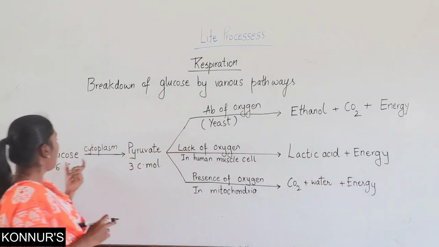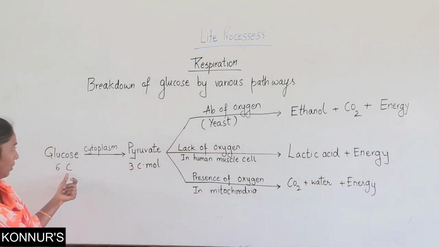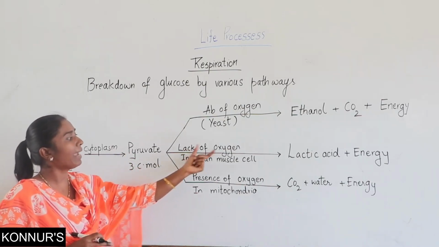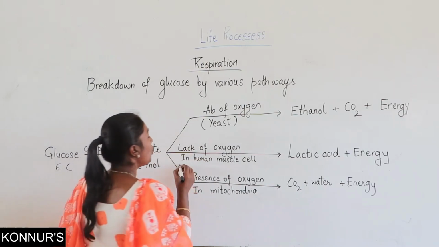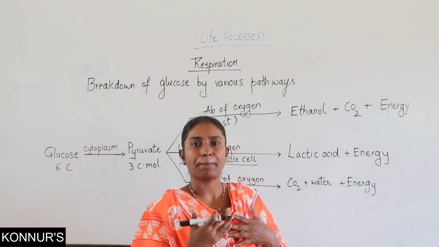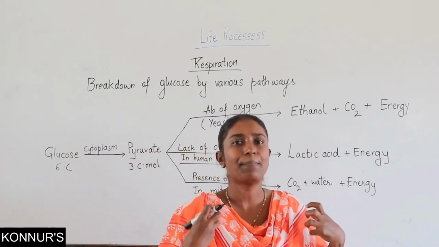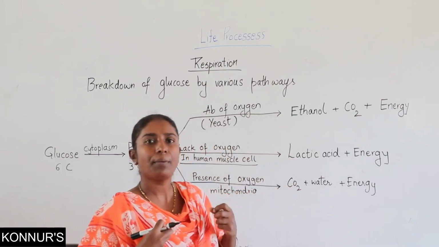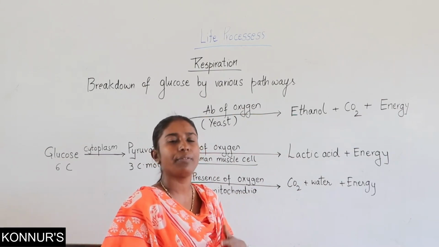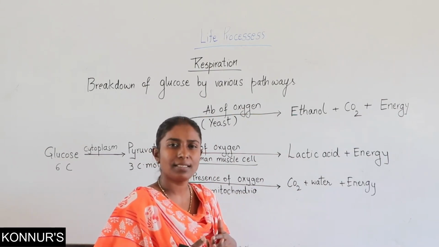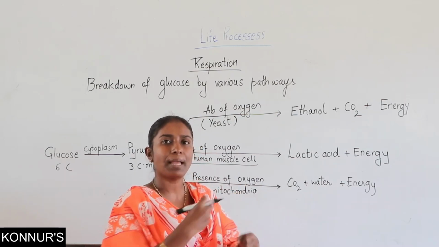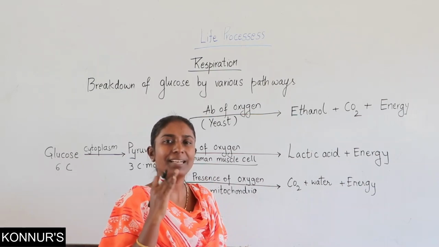The next, what happens when the 6 carbon compound breaks down into pyruvate, a 3 carbon molecule, in lack of oxygen in human muscle cells? Children, remember, as we are working, oxygen is continuously supplied to our body. But in athletes, when they run a longer distance, or when exercise is done for a longer period of time, sometimes the oxygen supply to the muscles becomes less.